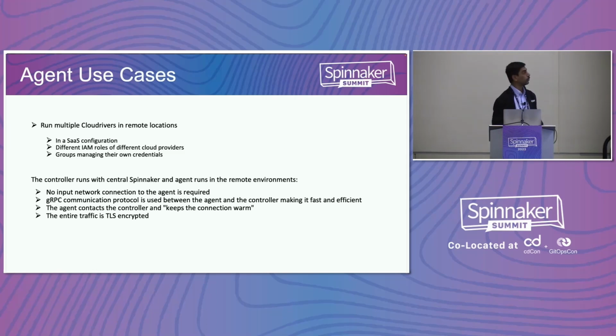And different IAM roles, because you can run one instance in Google and one instance in Amazon, and use those integrated credentials to deploy to their secure environments. The other advantage is that each of the groups onboarding their accounts doesn't need to share their target credentials with central Spinnaker. They can have them specified at the local agents.